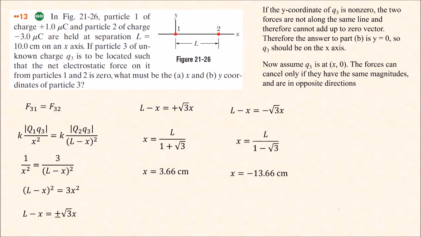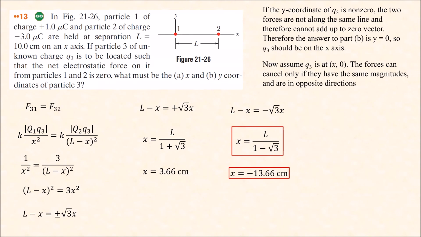Which one of these is acceptable? The negative one, because as we just discussed, in order for the third particle to be in equilibrium, it should be to the left of particle 1, which is in the negative x position. So this is the position of particle 3.